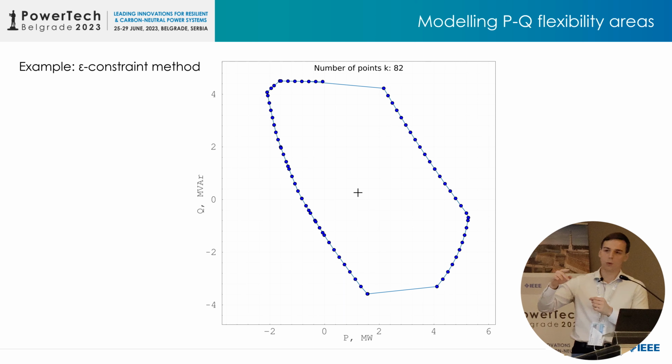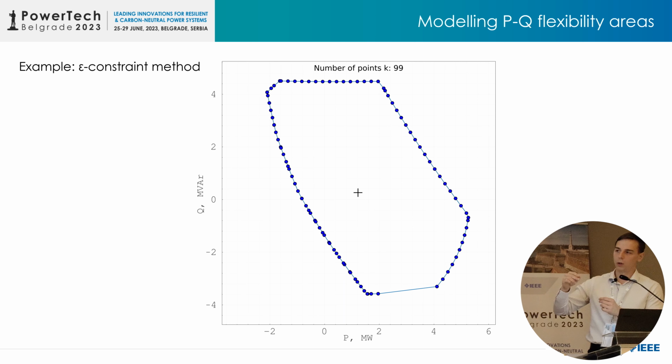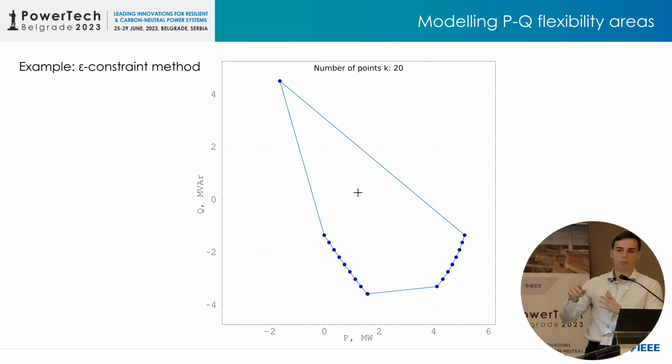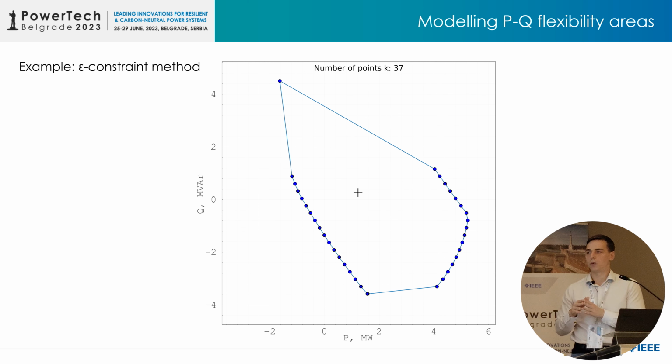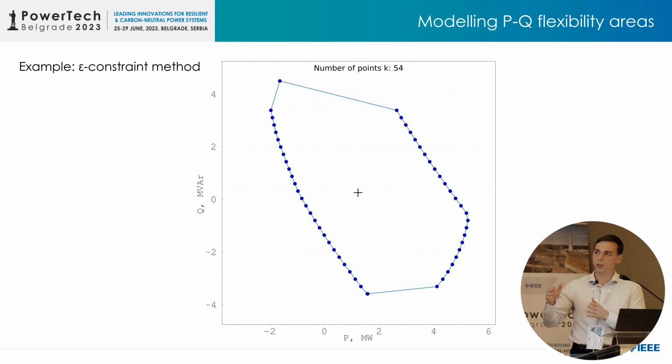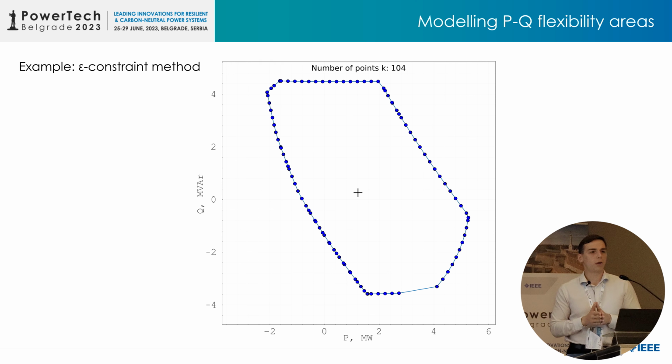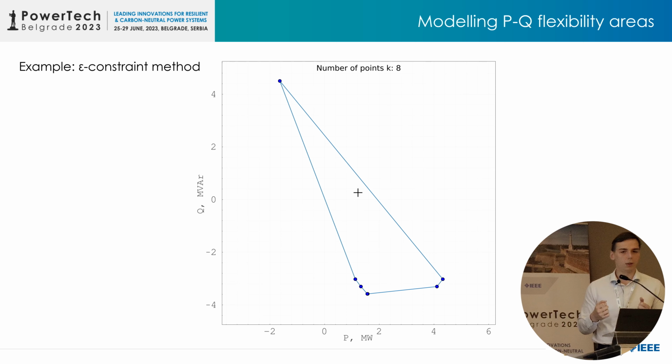We find 2 points, we solve an optimal power flow model, and then we set some accuracy, some granularity, and we start computing P minimum and P maximum for each interval. We repeat this procedure, and you can see in this example that with just 120 optimal power flow problems, we have a pretty accurate representation of the boundary of the flexibility area.